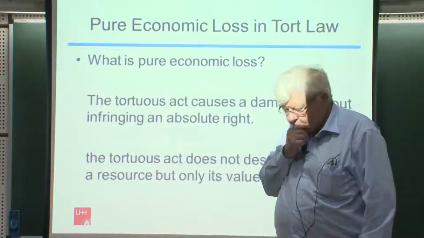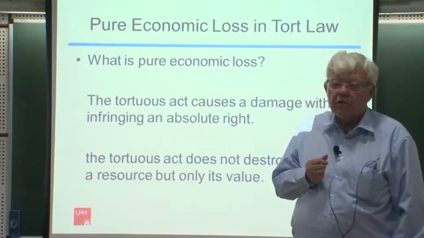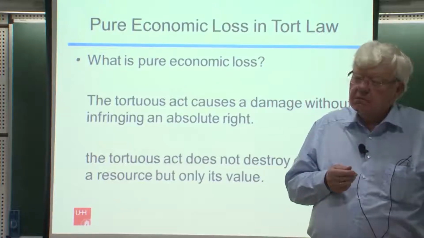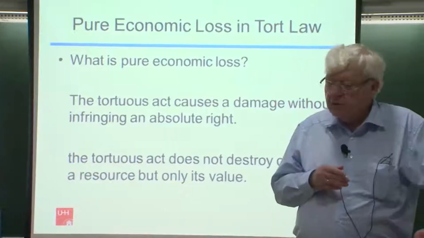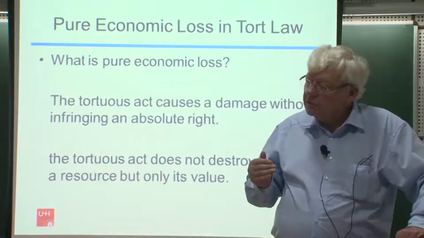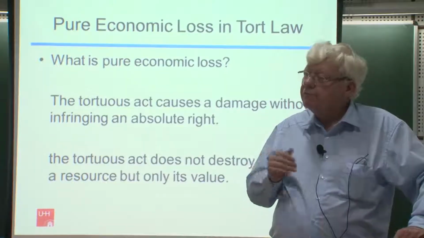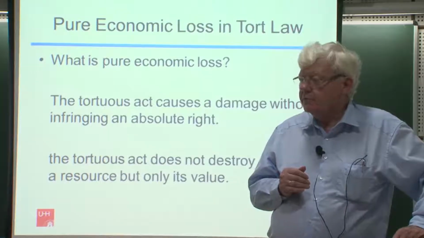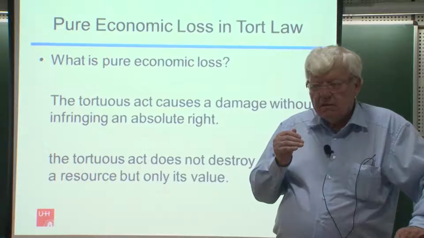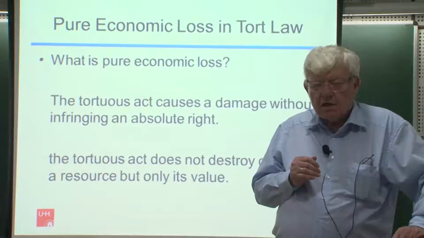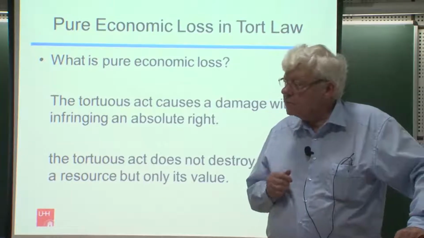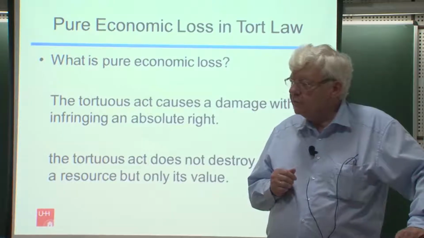Now assume, for instance, that a house burns down, and the house is worth, let's say, 50 million rupees. So then the victim has a loss of 50 million rupees, right? But the capital stock of the society, the wealth of the society, is also diminished by 50 million rupees.